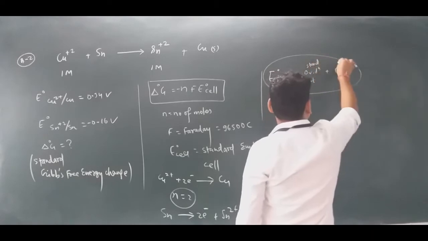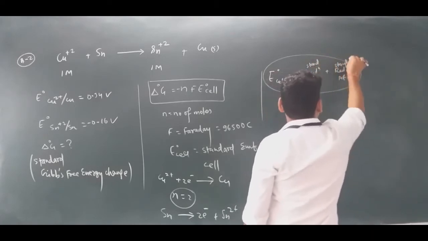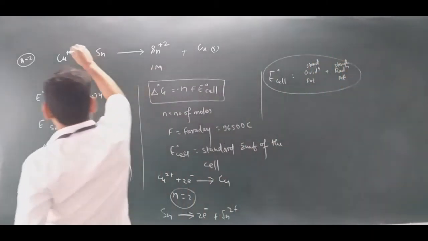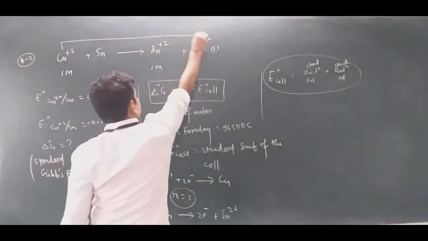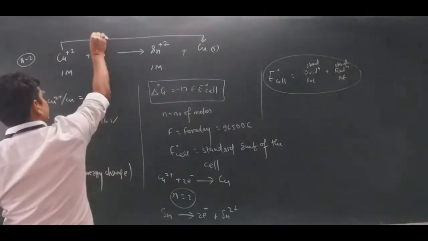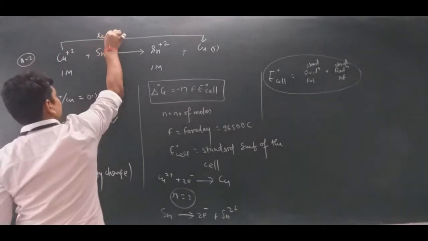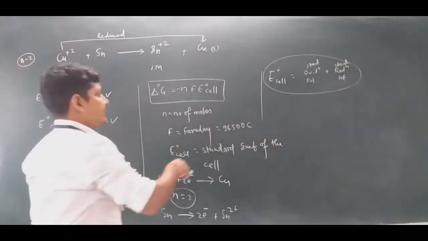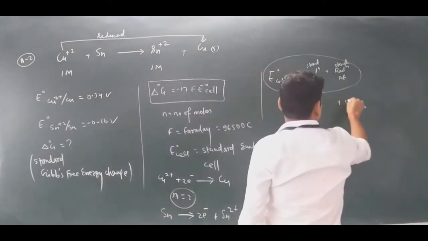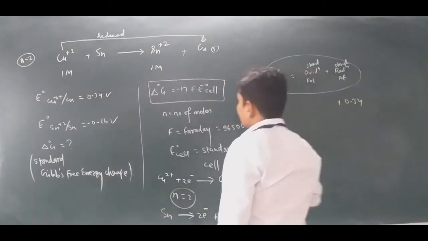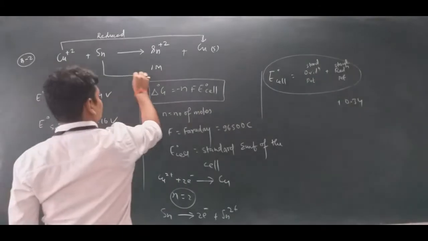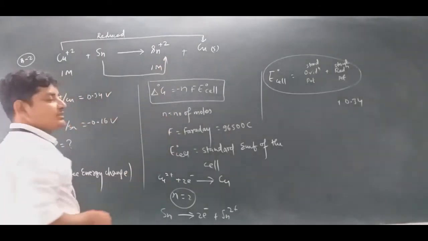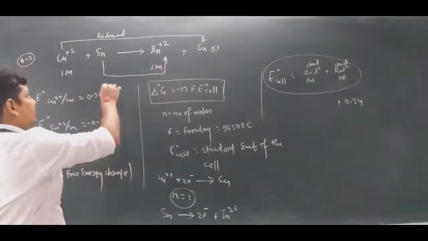So see here, this Cu2+ is changed to Cu, that means it is reduced. Its reduction potential is 0.34, so we will write here 0.34. And this Sn is changed to Sn2+, that means it is oxidized.